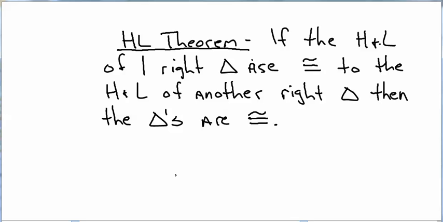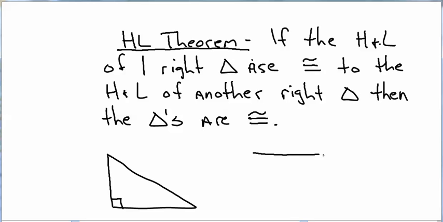So HL, Hamlet's. Could be. And a picture would look something like a right triangle and another right triangle.